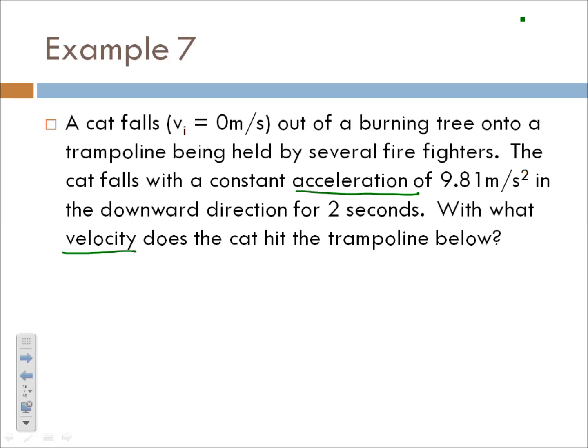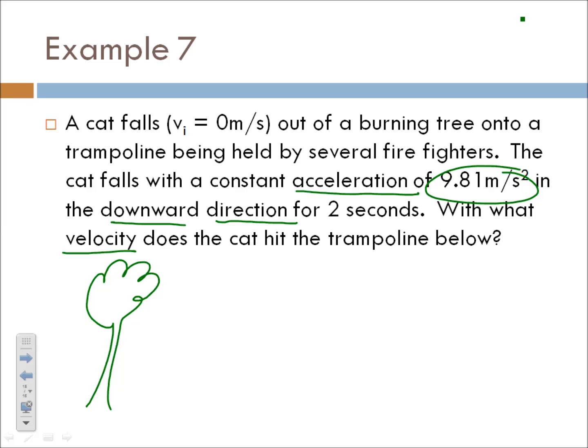So here I have 9.81 meters per second squared in the downward direction. If I'm drawing my picture here, I have my tree. I got my cat. And what's he doing? He's falling onto a trampoline down below.